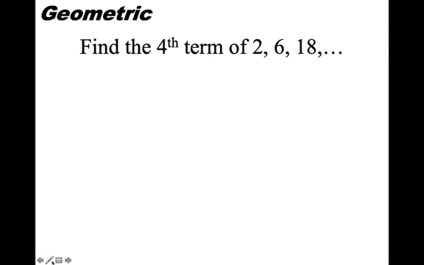Here we could be asked the question, find the fourth term of 2, 6, and 18. This is the first term, that's the second term, there's the third term. We could find the fourth term just by looking at it. 2 times 3 is 6, 6 times 3 is 18, and 18 times 3 is 54.